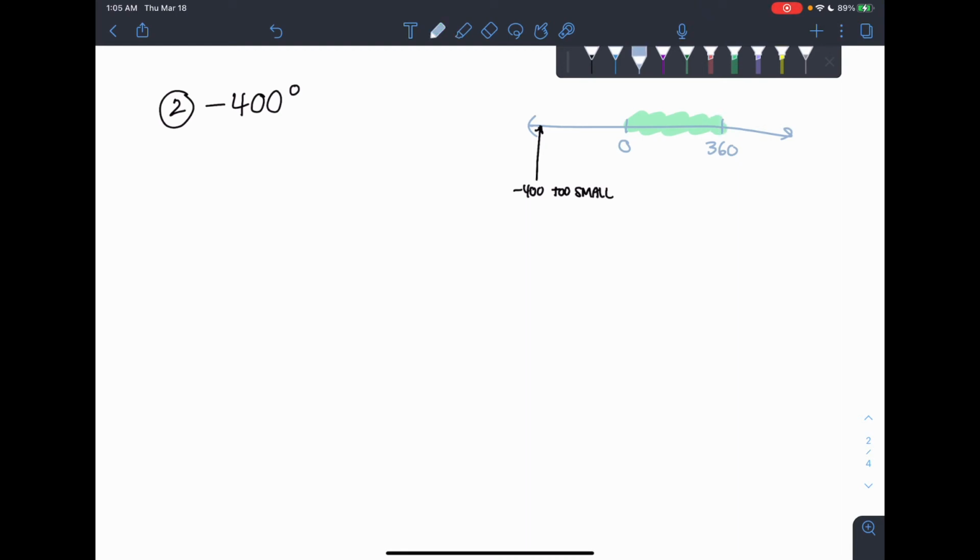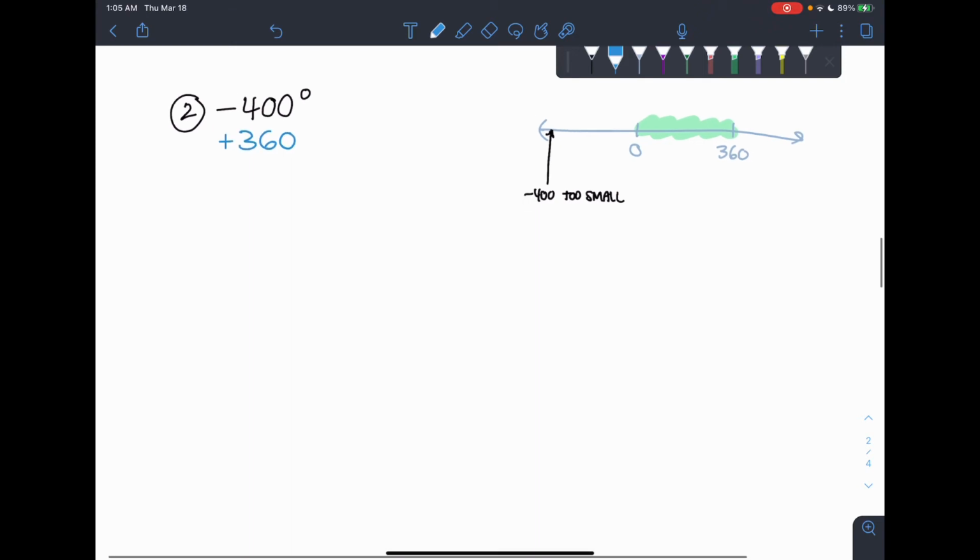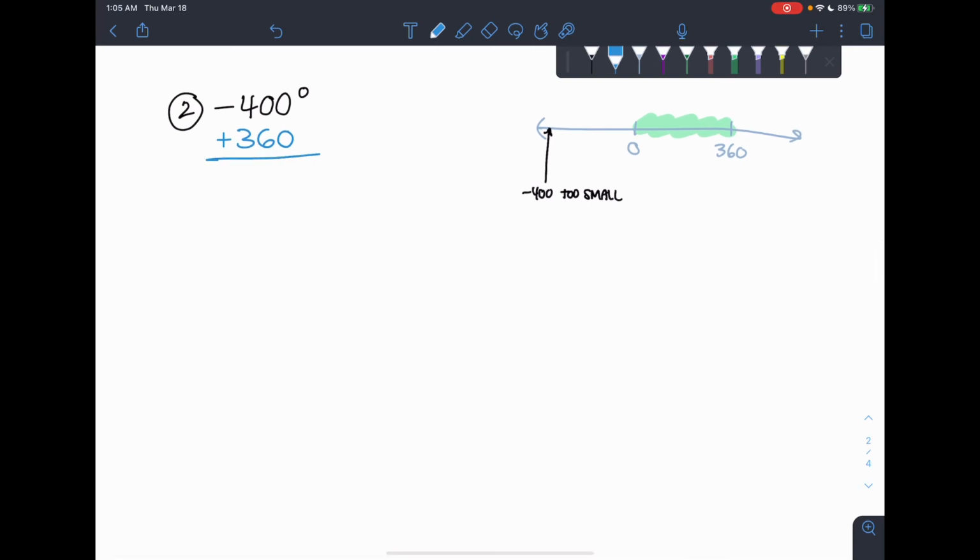And in order to do that, instead of subtracting 360, we need to add 360. We need to add those full rotations. So when you have different signs, you want to take the difference between 400 and 360. 400 minus 360 gives us 40 degrees.